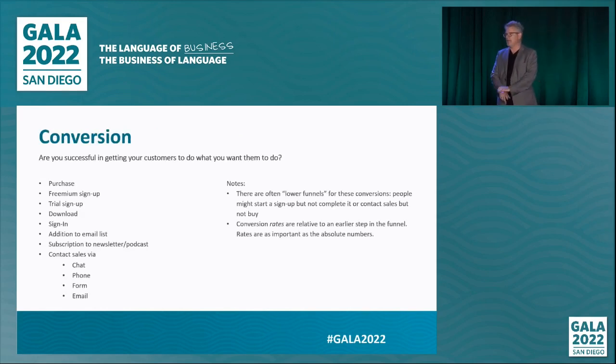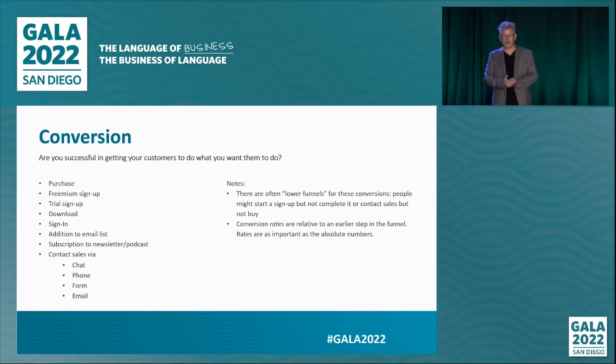So as we've gone through the funnel, from the awareness and then consideration and interest, the final step should be conversion. And as I said, there's lots of things that we might want users to do on the page, right? Purchase is a typical thing, or sign up for a freemium product. You can also ask people to sign up for a trial version that then expires.